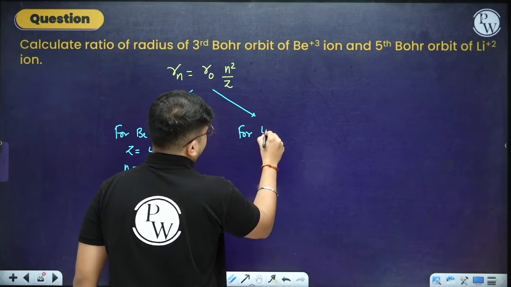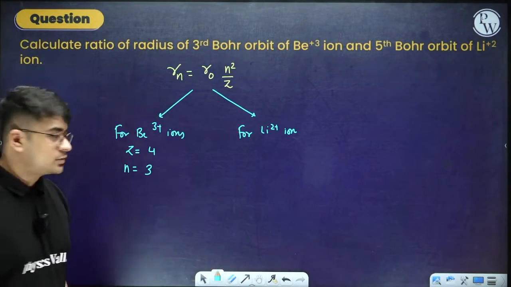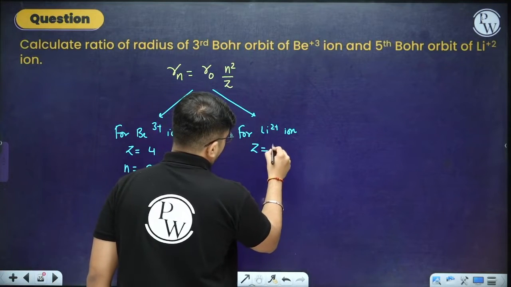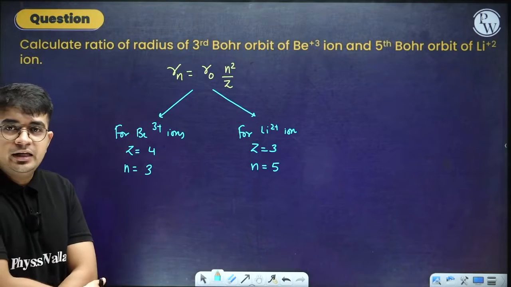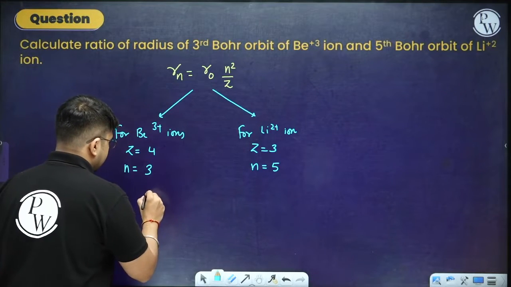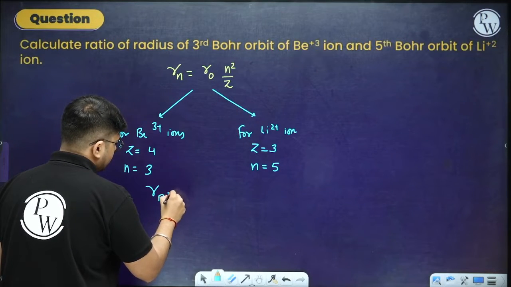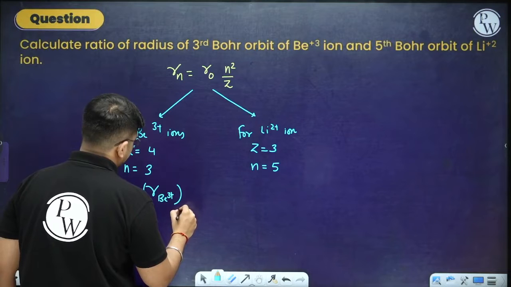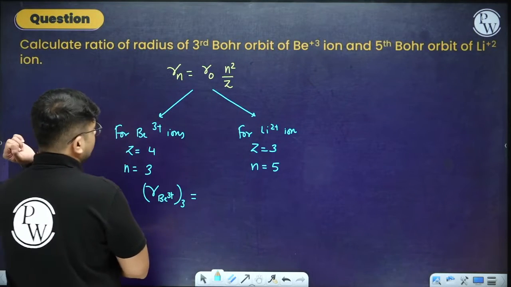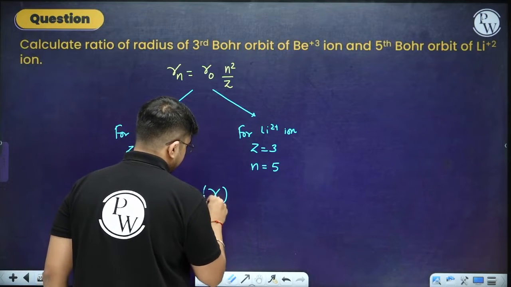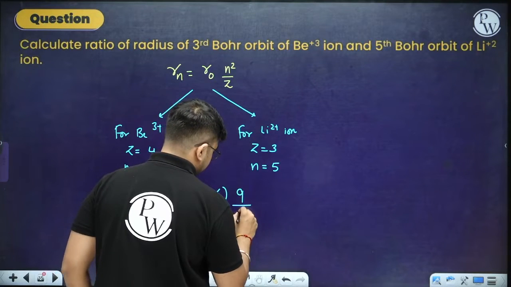Next part, we have lithium 2 positive ion. Again, lithium 2 positive is a hydrogen-like species. It means its Z value is 3 and n in this case is the fifth Bohr orbit, which is already given. So for beryllium 3 positive, the third Bohr orbit, R3 will be equal to R naught multiplied by n square, which is 9, divided by Z, which is 4.